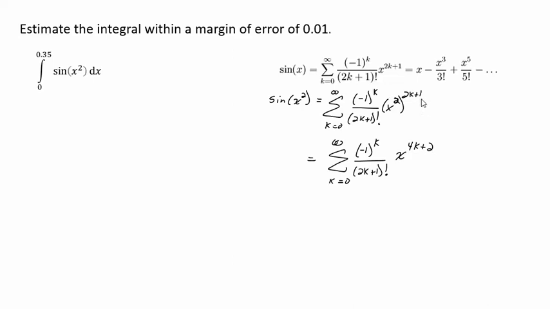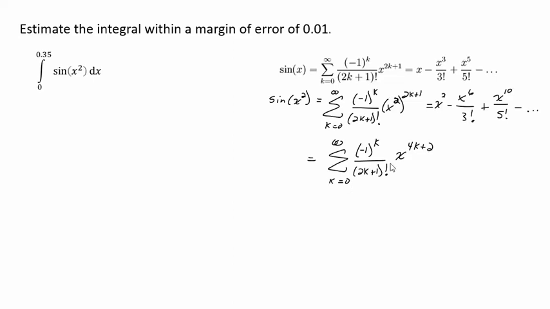We multiply those exponents. You could also do the substitution in the expanded form. Wherever there's an x, you substitute an x squared. So this would be x squared to the third, which would be x to the sixth. And this would be x squared to the fifth, which would be x to the 10th. And you can double check and make sure that that's following this formula right here.